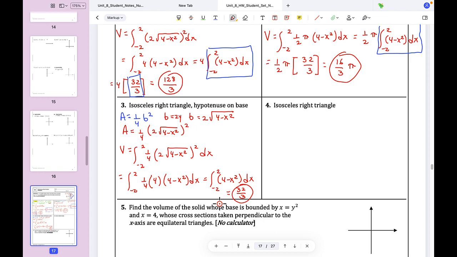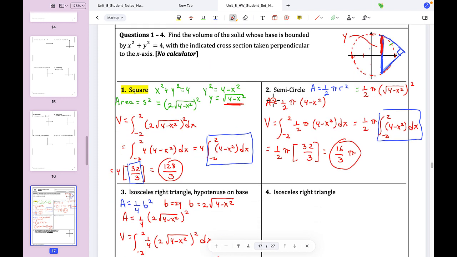Okay, same problem, only this time I'm using an isosceles right triangle where the leg is the base instead of the hypotenuse. So the area there is going to be 1/2 b squared. Okay, the base is going to be this full thing, which means it's 2y, right?